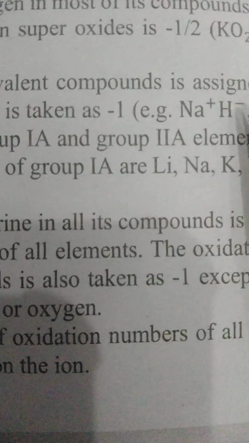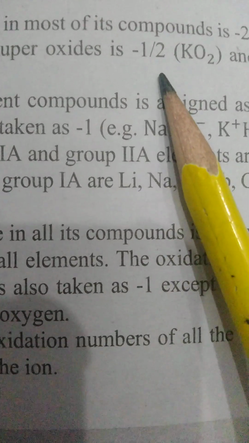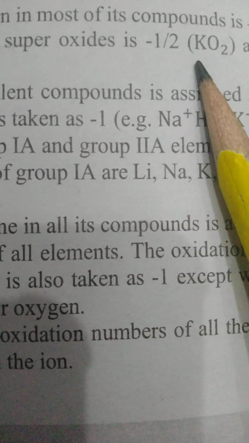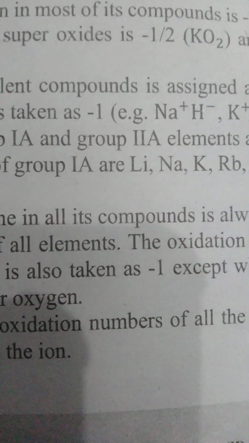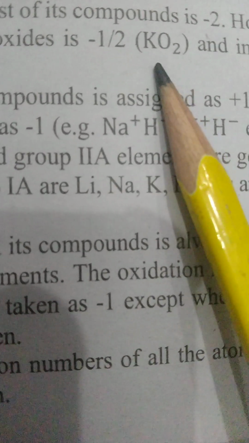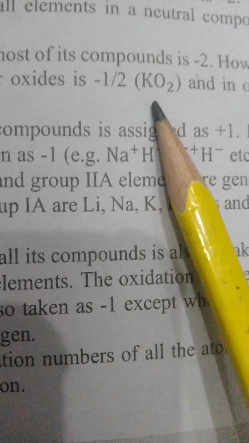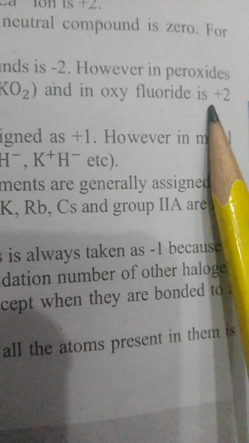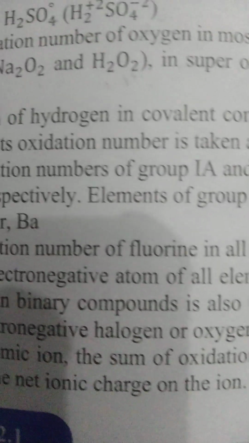But in superoxide, it is -1/2. Superoxide is a very highly reactive one, for example KO2. And in an oxyfluoride, it is a special kind, it will be +2 whenever oxygen is with fluorine.